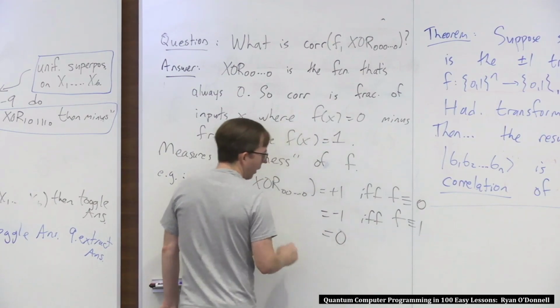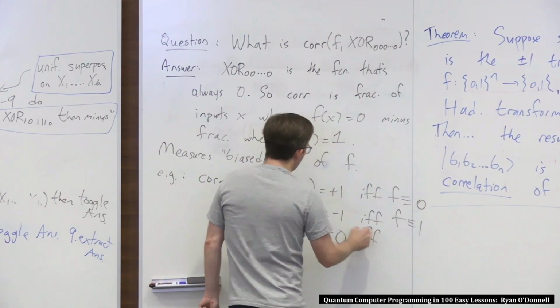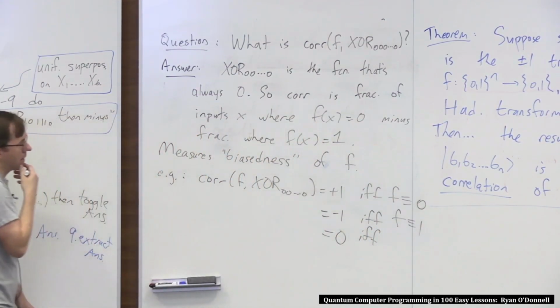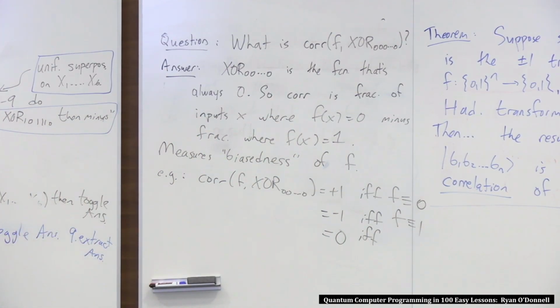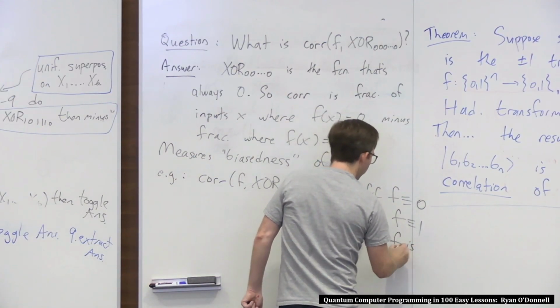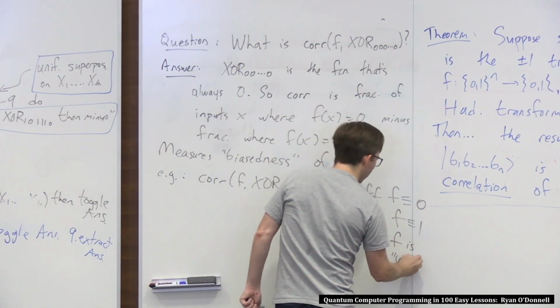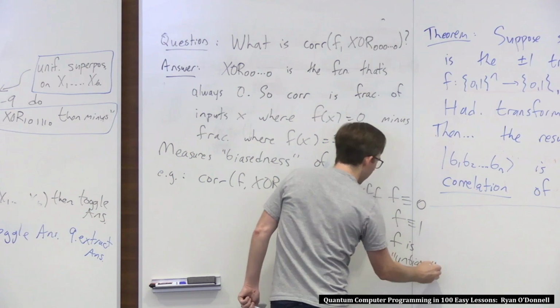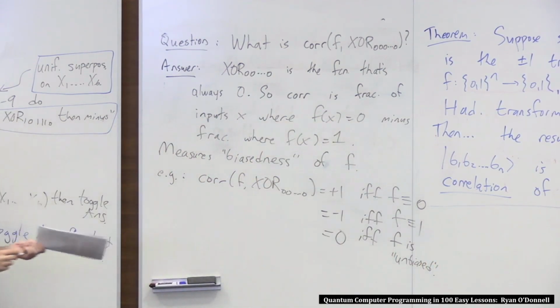And it's 0 if and only if these two fractions are both a half. If and only if f is unbiased, in the sense of last lecture, if the truth table is 50-50 zeros and ones.